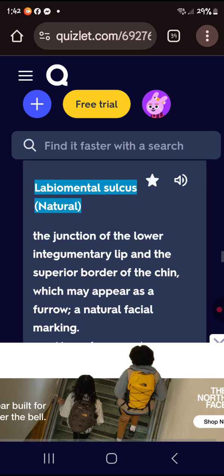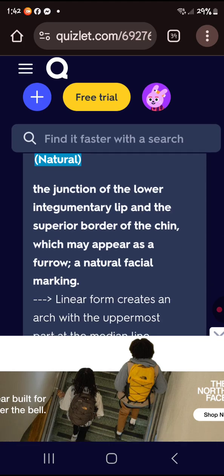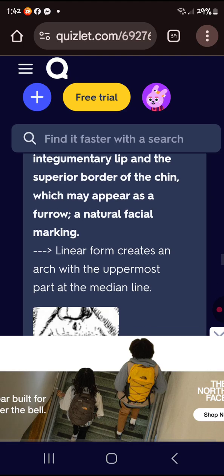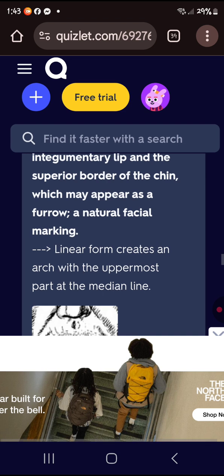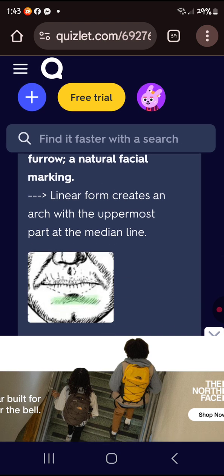Labiomental sulcus is between your bottom lip and the top of the chin, which may appear as a furrow and is a natural facial marking. The linear form creates an arch with the uppermost part at the median, the median or middle line.